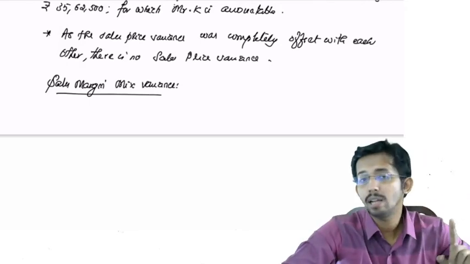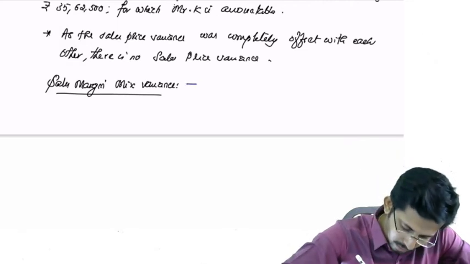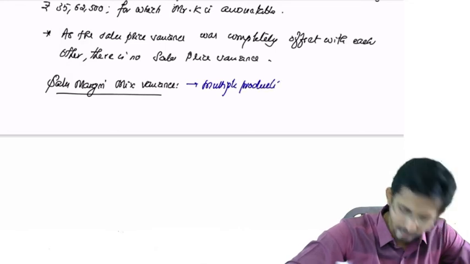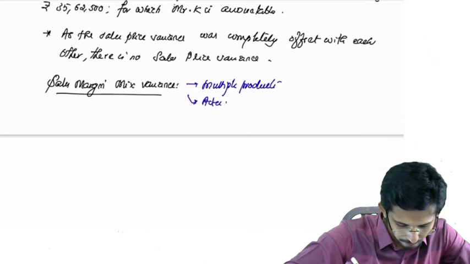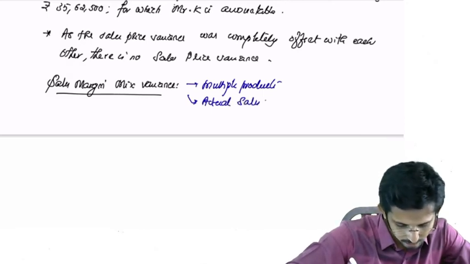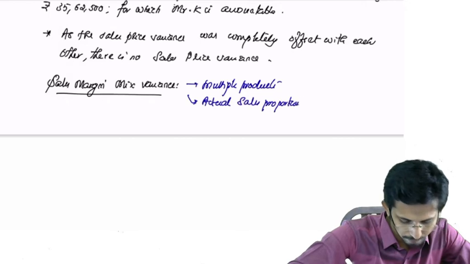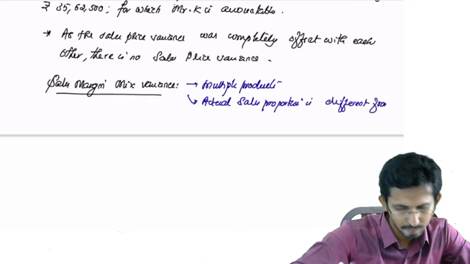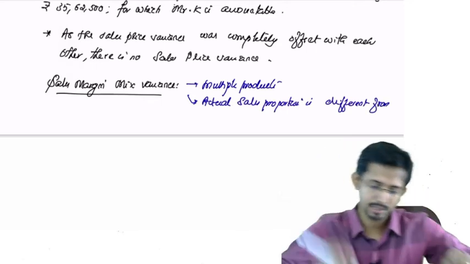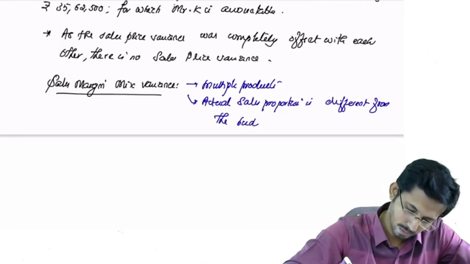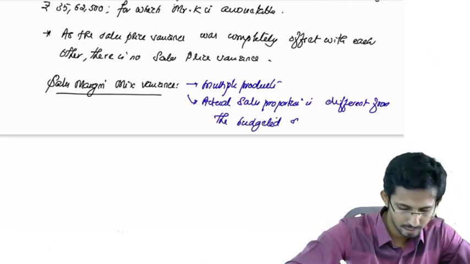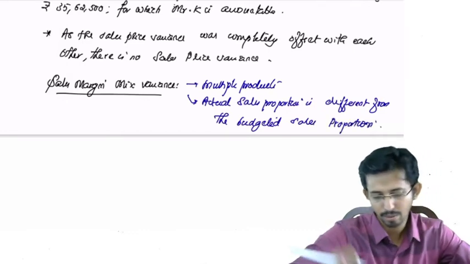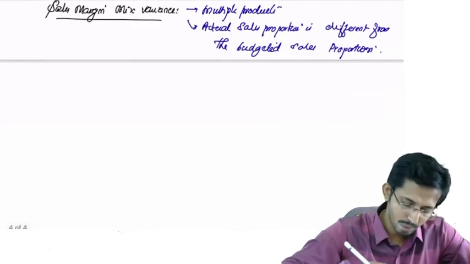We know that sales margin mix variance will be there only if there are multiple products, that is more than one product, and the actual sales proportion of the products is different from the budgeted sales proportion.